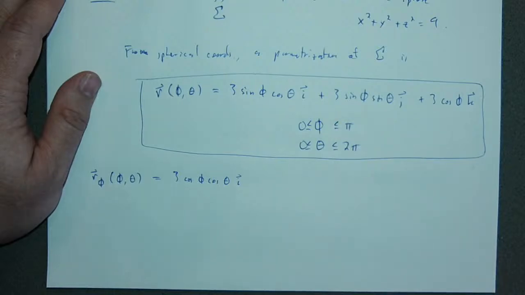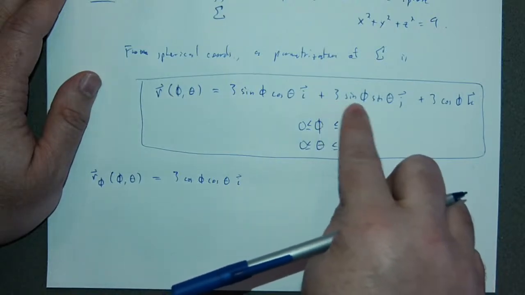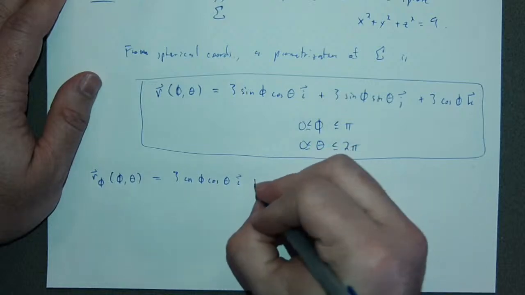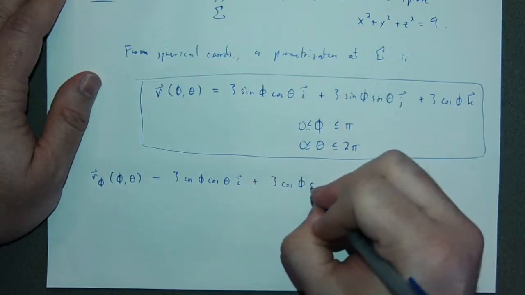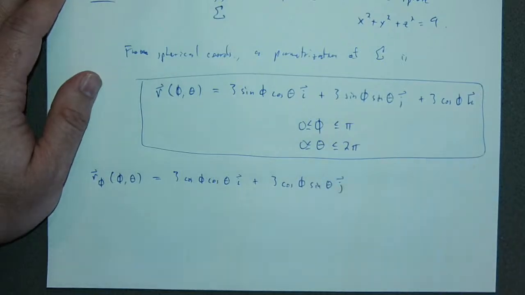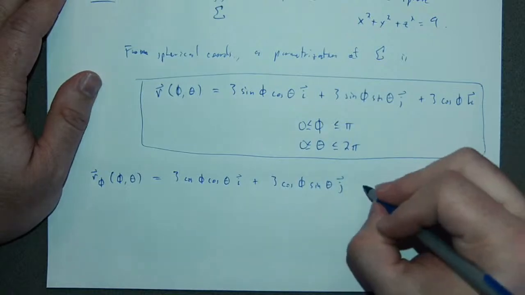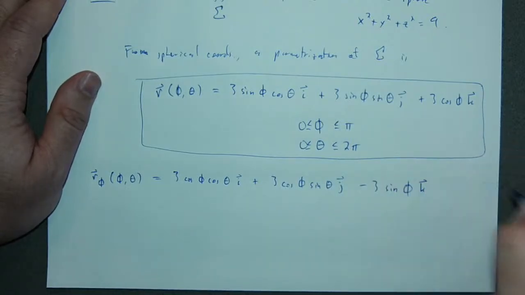In the next slot, with respect to phi, this is 3 cosine phi sine theta j. And in the last slot, the derivative of 3 cosine phi is minus 3 sine phi, so minus 3 sine phi k.